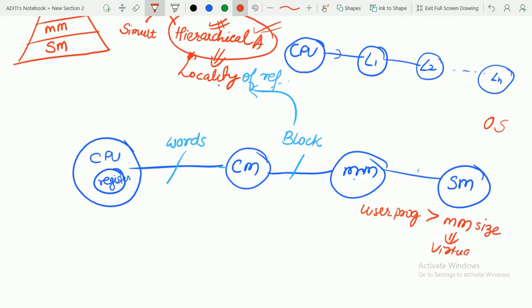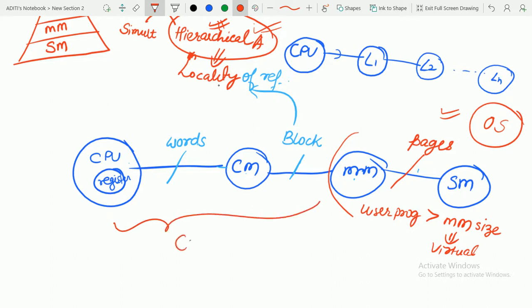The data transferred from here is named pages. We are not concerned about this part. We are mainly concerned about this part, that comes in the CO part, and this comes under the OS part, that is operating system.